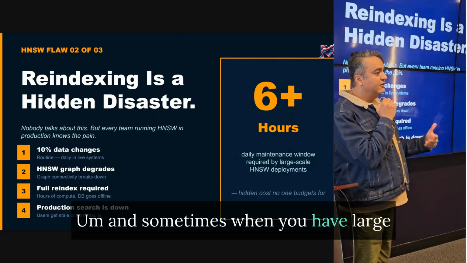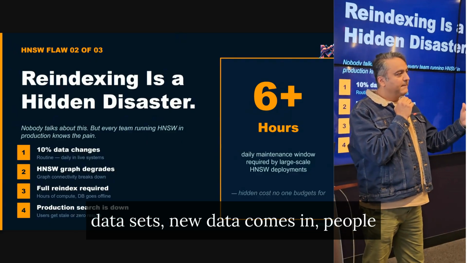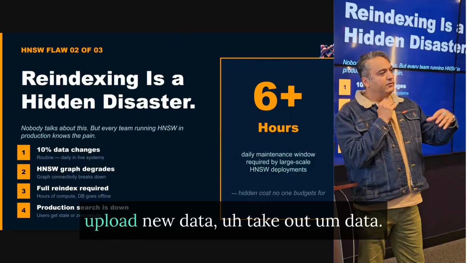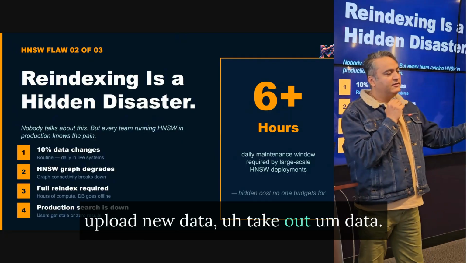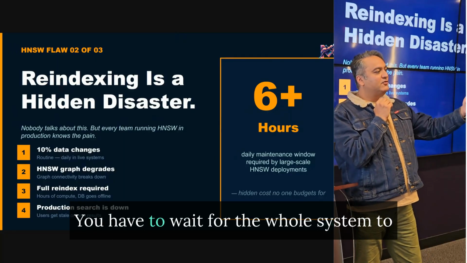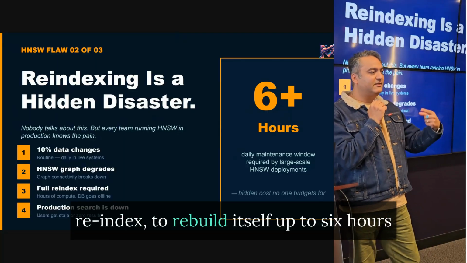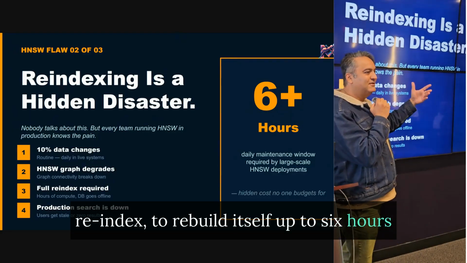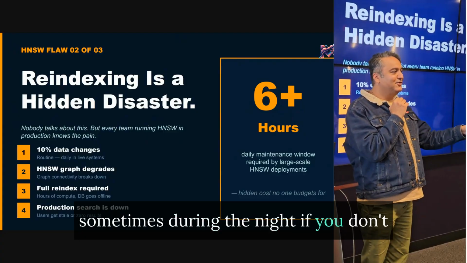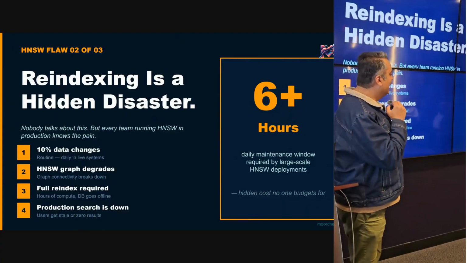And sometimes when you have large data sets, new data comes in, people upload new data, take out data. You have to wait for the whole system to reindex, to rebuild itself, up to 6 hours sometimes, during the night.